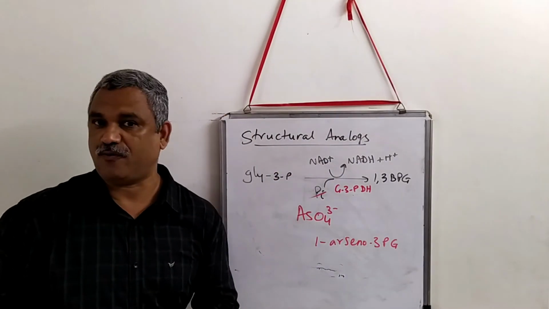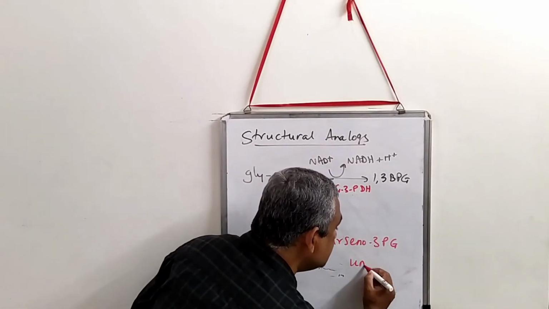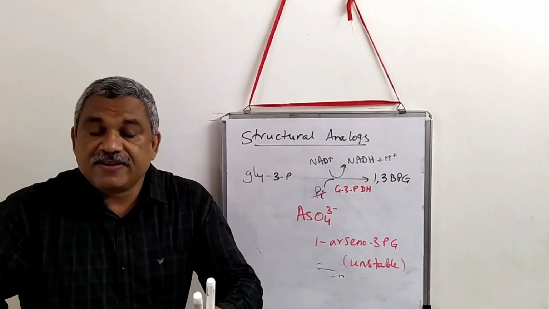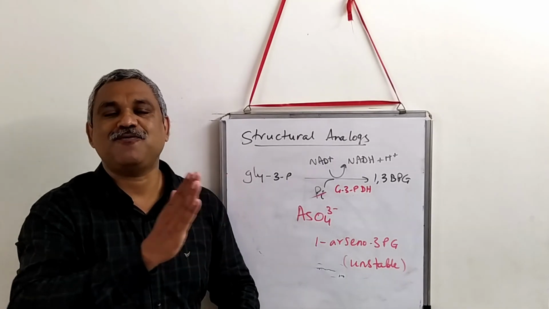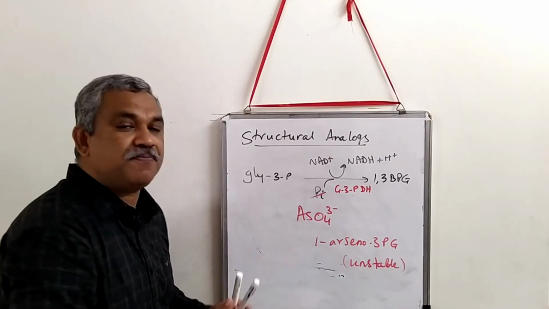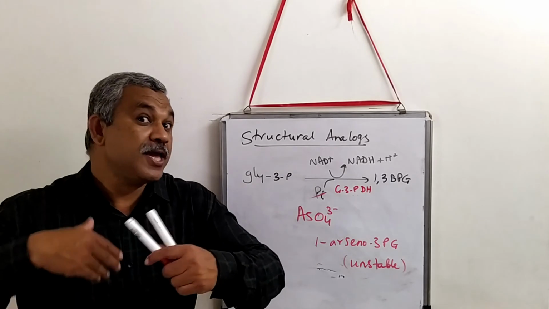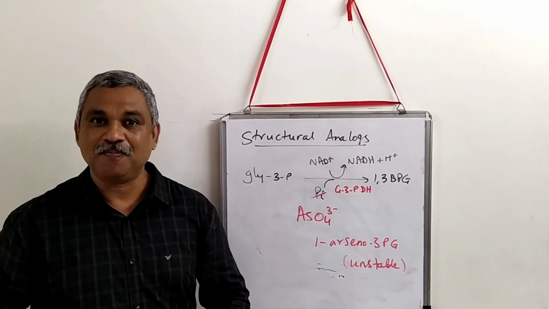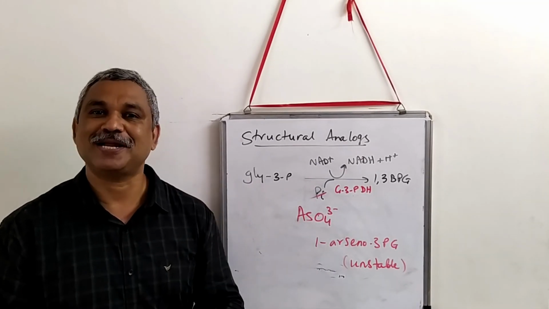This is unstable and effectively uncouples oxidative phosphorylation from ATP production. Now this step will not produce an ATP molecule. By using this kind of structural analog, one is able to elucidate a particular metabolic pathway.